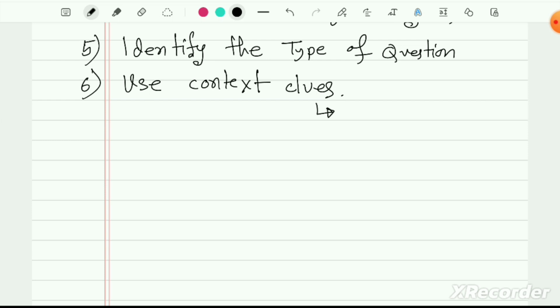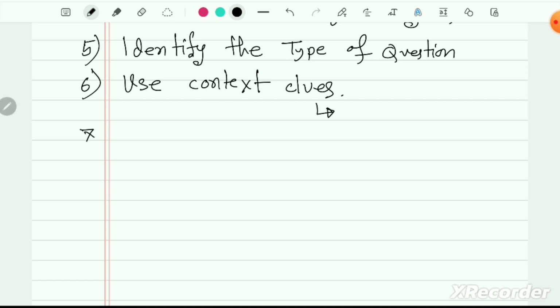In that case, you have to understand through the context. So what is context? Context actually means the story or flow of a story. When you read a paragraph, there might be some story or information flowing within the sentences. So you have to understand the meaning of a particular word by understanding the context, because in IELTS or in TOLC there are a lot of words that you may not know.